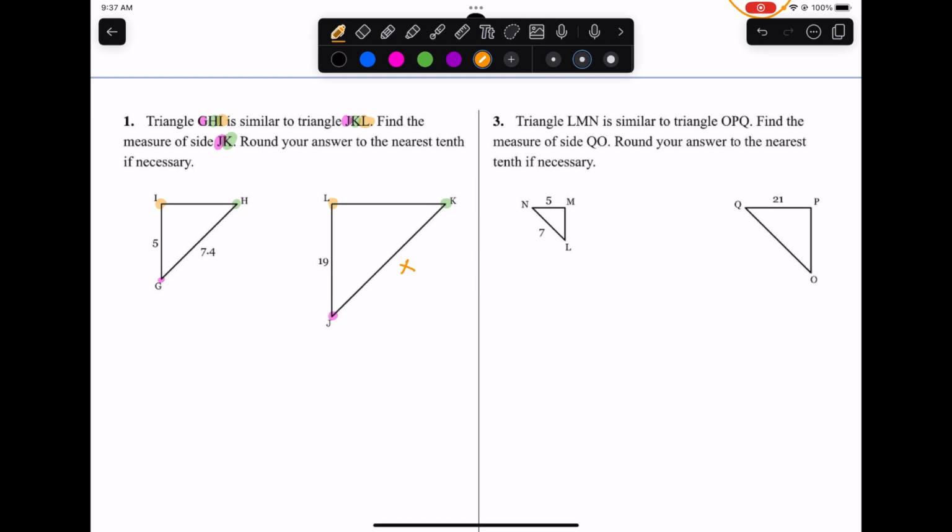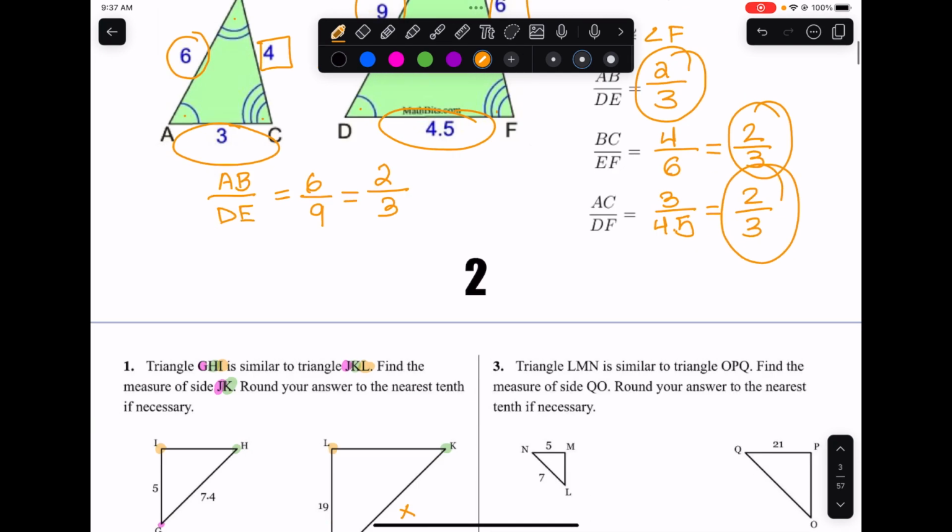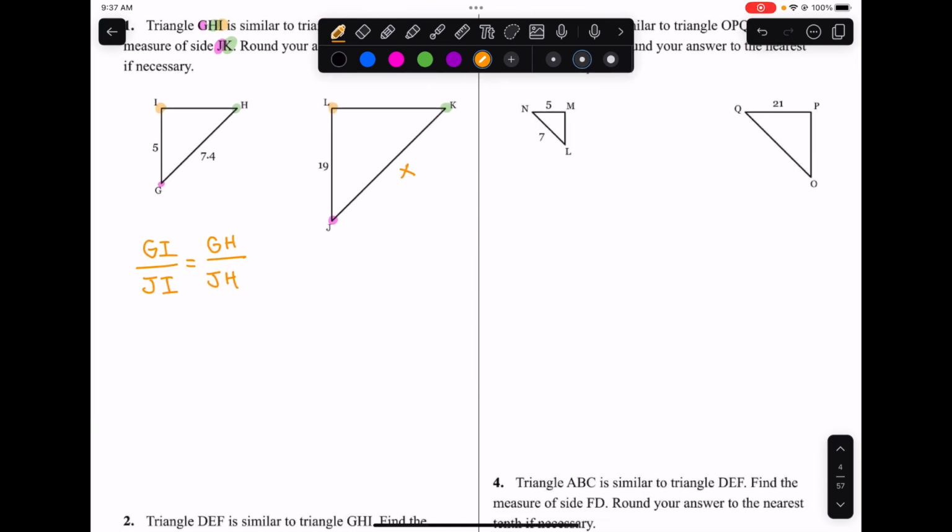So I know that GI over JL has to be equal to the same ratio as GH over JK, because as we saw above, they should all be equal to the same thing. So now I fill in the information that I know. GI is 5, because it's right here.